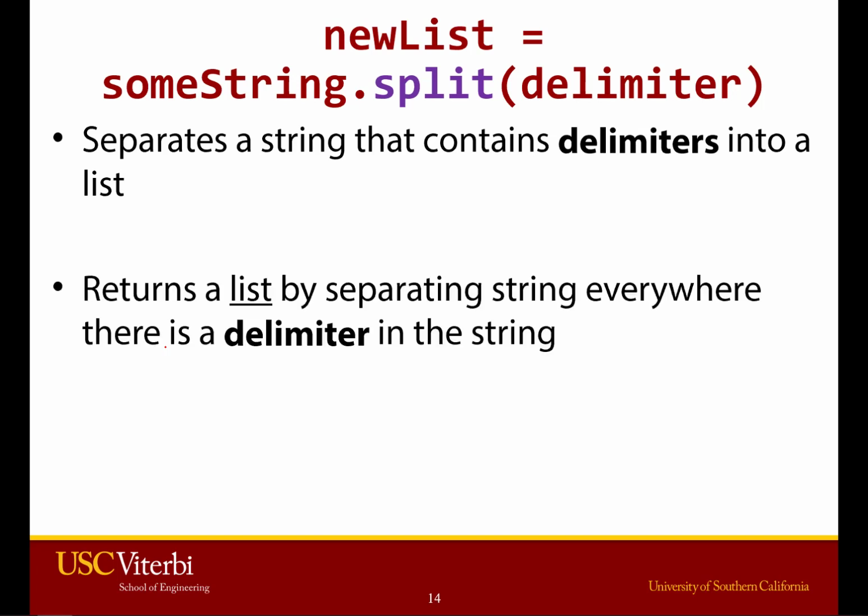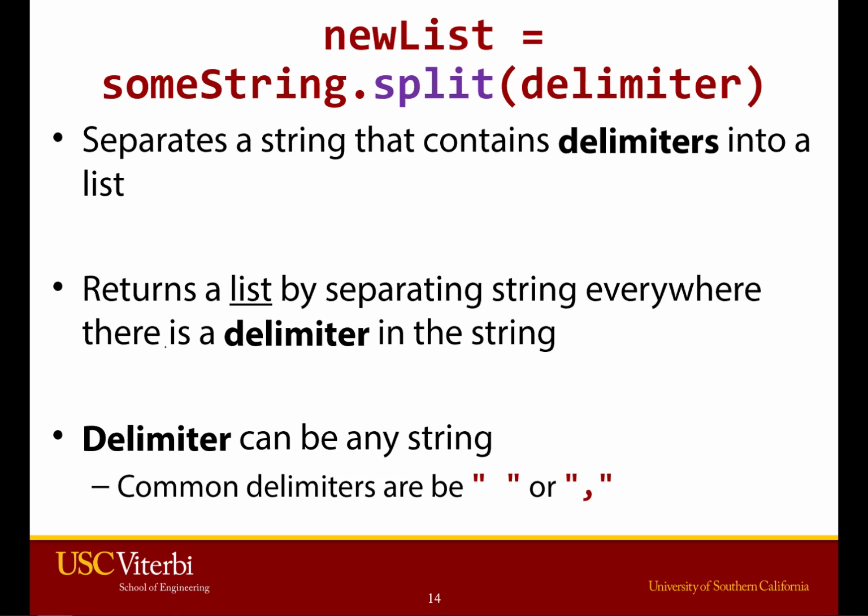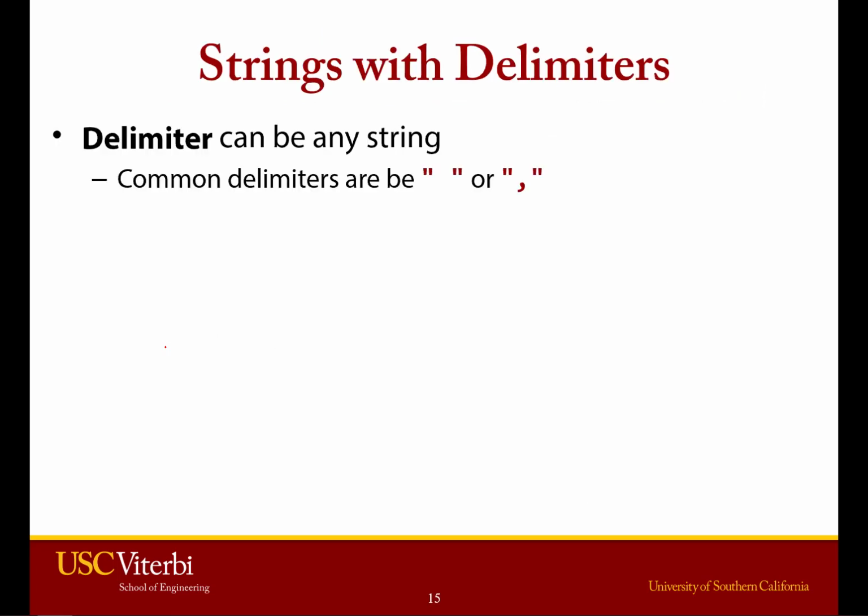Everywhere in that string you see this repeated symbol, it uses that as the separation point to give you items in the list. Now let's unpack that a little bit. The most common delimiters we're going to use are space and comma. It really can be anything, but those are the ones that we use.